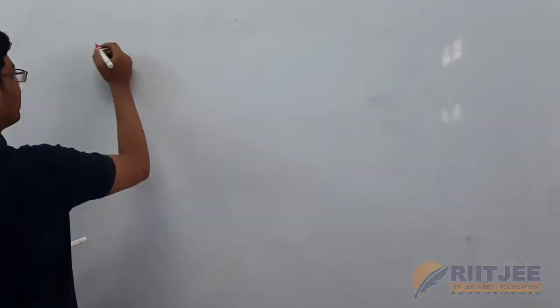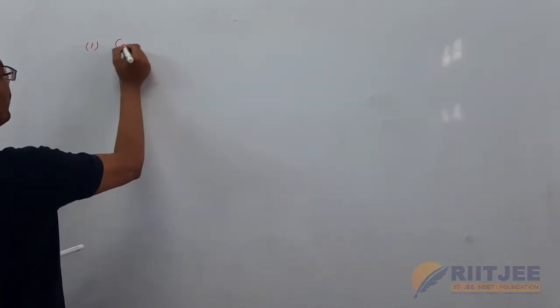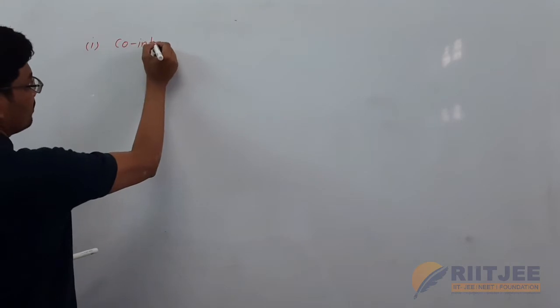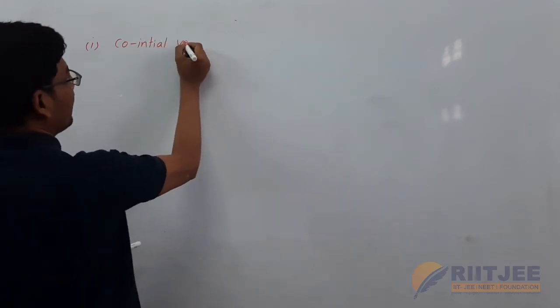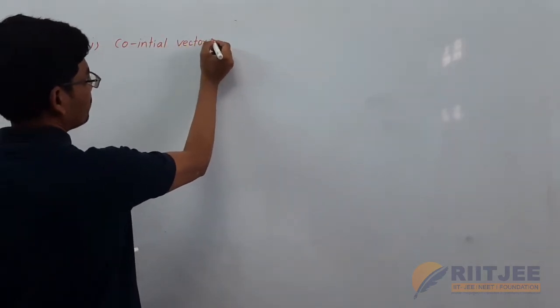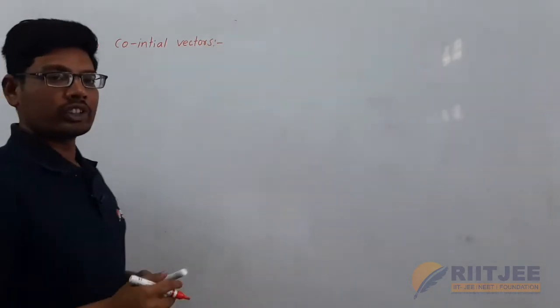Now the first type is coinitial vectors. What is meant by coinitial vectors?